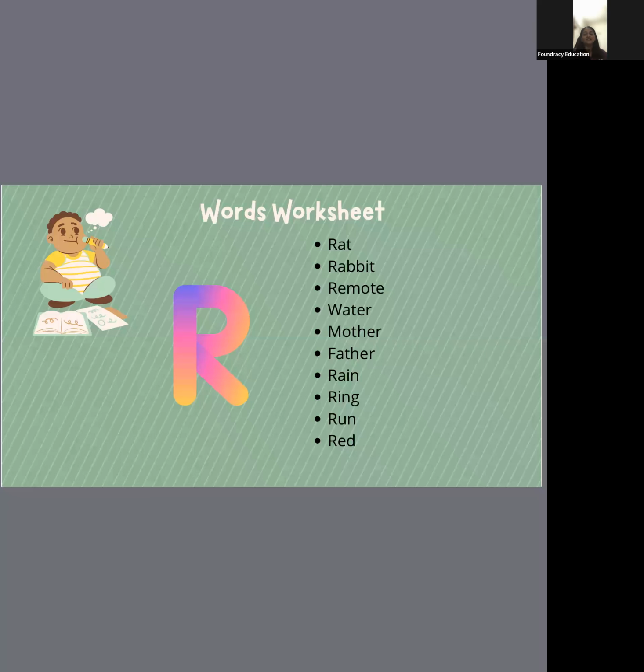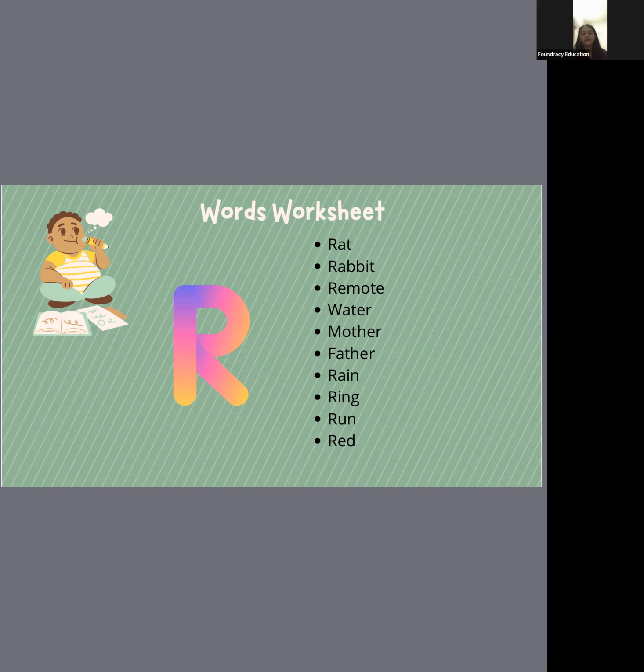So the sound is rrr, and you should also do it when you say it, so that the kids can relate it to the sounds nearby, what is happening. Similarly, the second group is water, rrr, mother, rrr, father, rrr. When kids are able to reproduce this, you should do this activity while saying it, so that the kids understand.